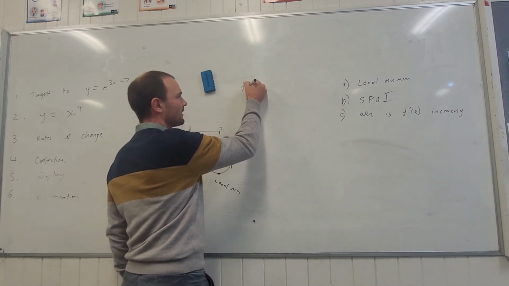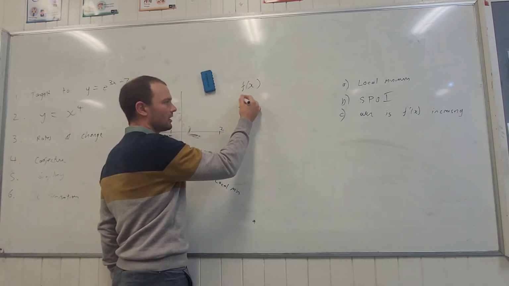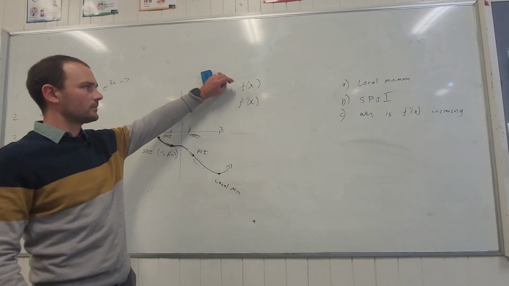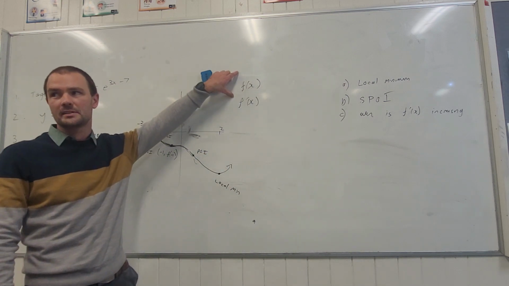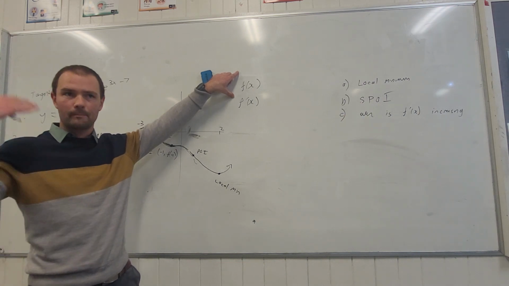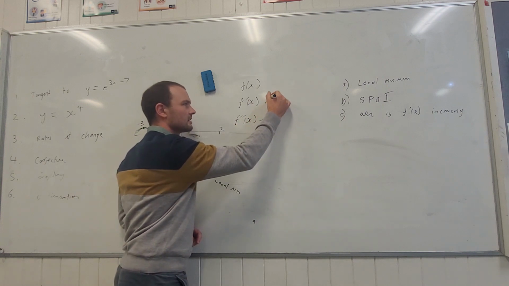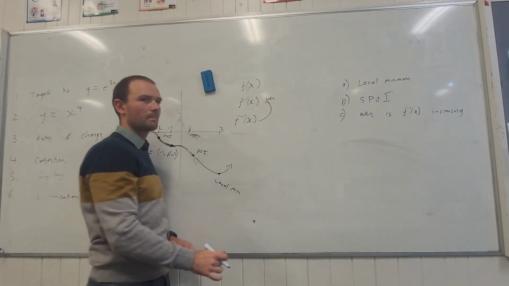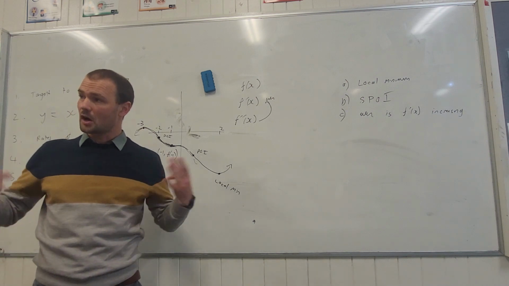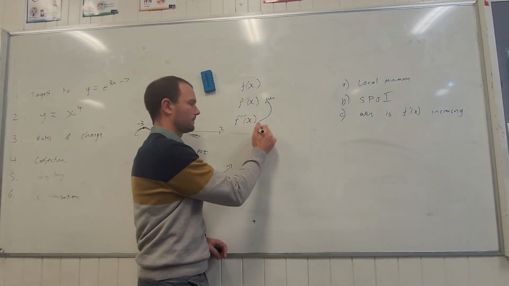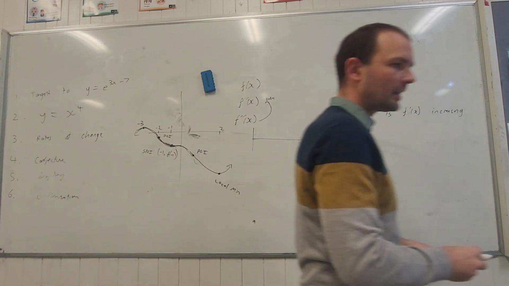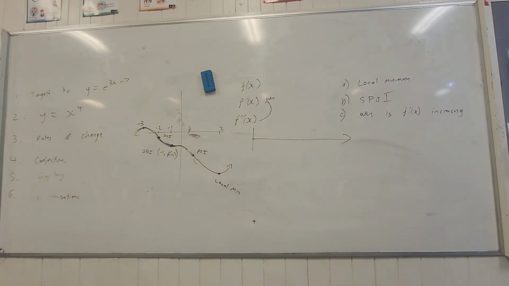Remember, the sign diagram of f dash of x tells us when f of x is increasing. So the sign diagram of f dash dash of x is going to tell us when f dash of x is increasing. So let's draw the sign diagram of the second derivative. Looking at the graph of the second derivative, we can see it's concave up, but we're told there's a point of inflection at x is 5.